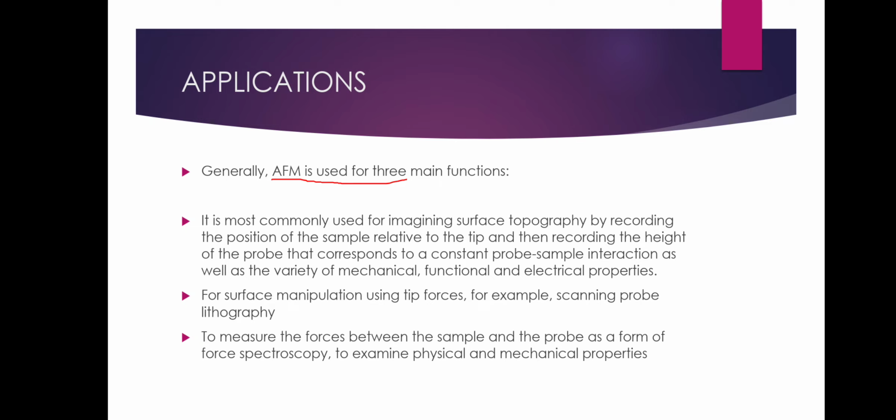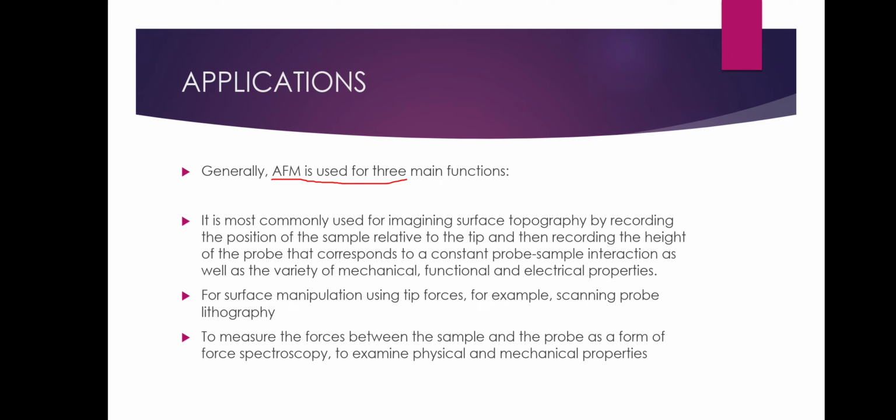The basic application of the AFM is topographic imaging, and by the use of electromagnetic force between the atoms, we read the sample surface. So that is the basic function.